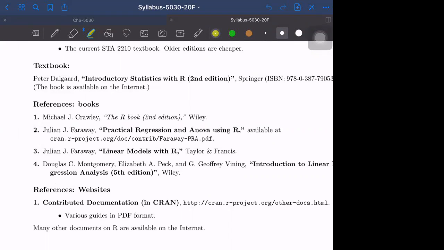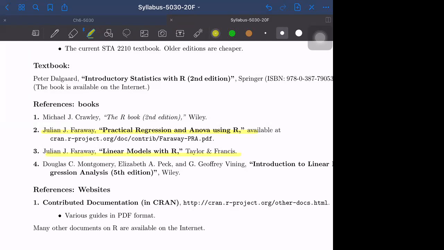I think all of these reference books have more comprehensive explanations of statistical theory for regression analysis. One good one is Julian Faraway's book, Practical Regression and ANOVA Using R. This is available on the CRAN website.